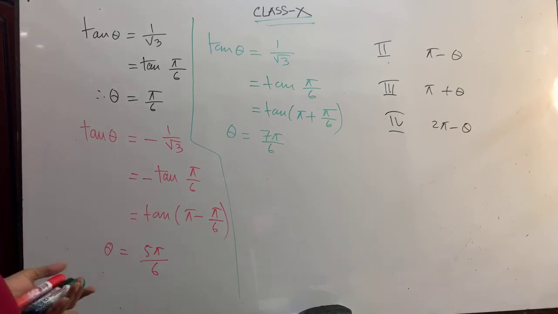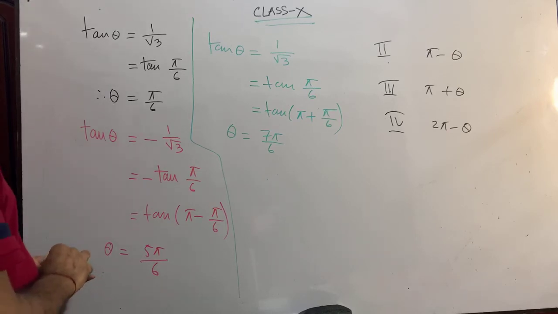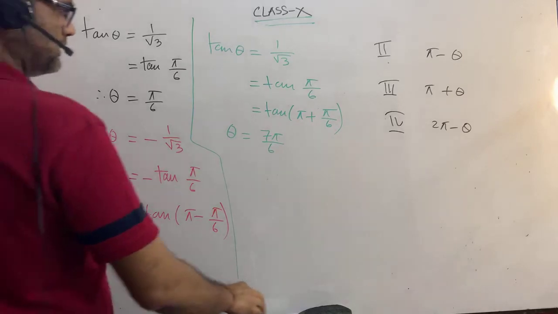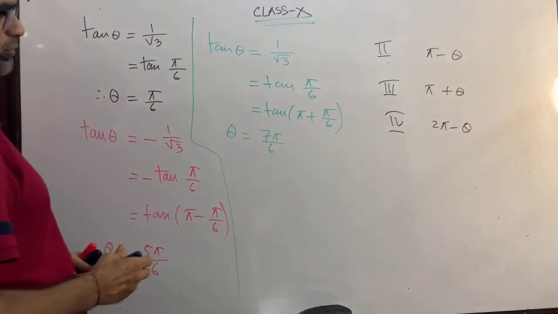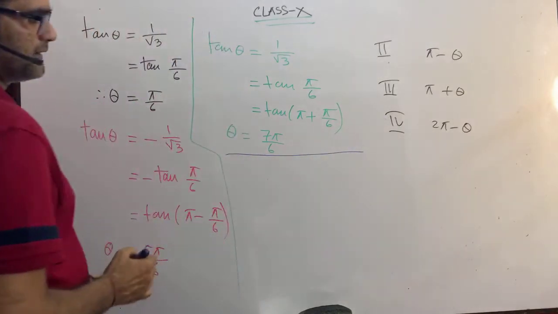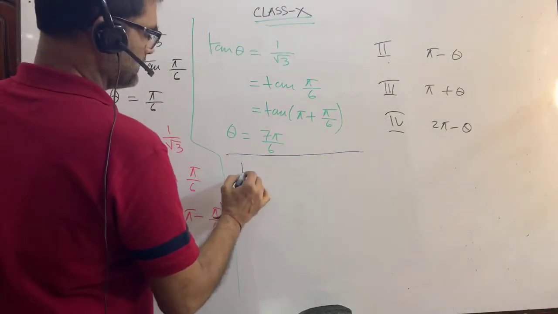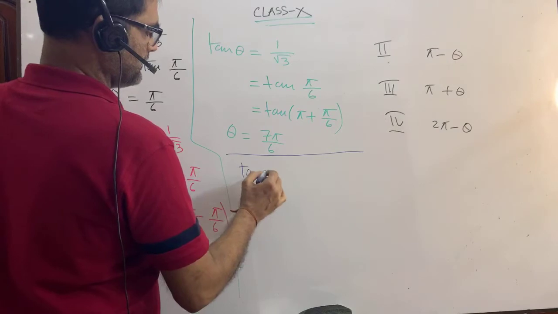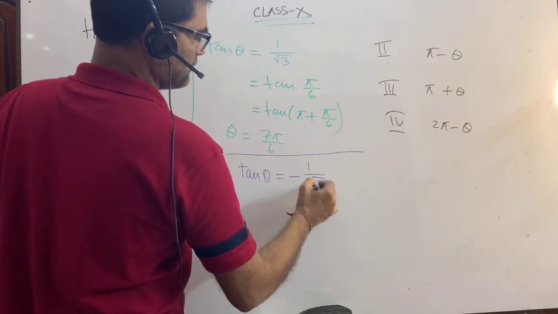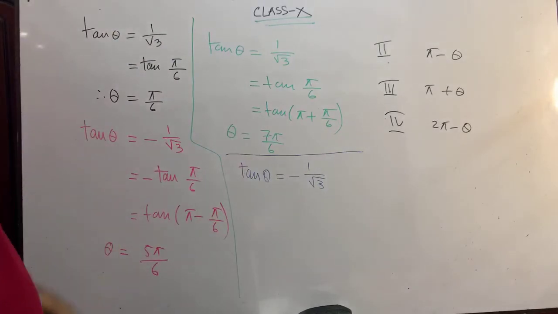Now you see, for the fourth quadrant tan theta is negative. So let's try to do the math for the fourth quadrant. Tan theta is negative. Very good. Tan theta is negative, minus 1 by root over 3. Okay.